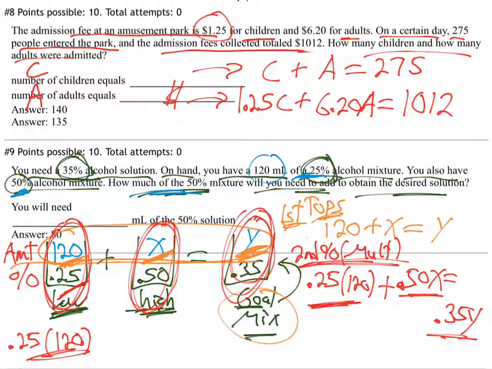So the amount of alcohol coming out of the first beaker plus the amount of alcohol coming out of the second beaker must equal the amount of alcohol in the final mix. The top equation is just total solution out of the first beaker plus total solution out of the second must be total solution in the final. So there's our two equations. Remember, with two letters, you need two equations. There's our x and our y, two equations.